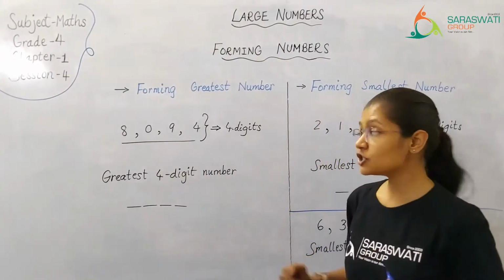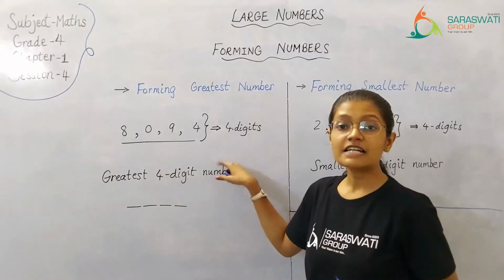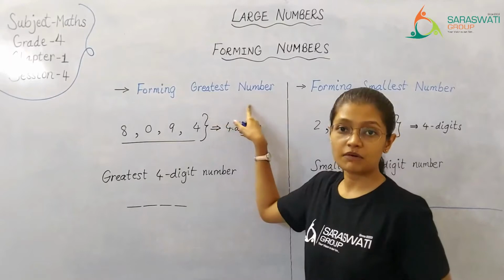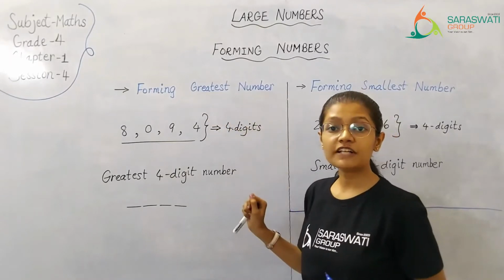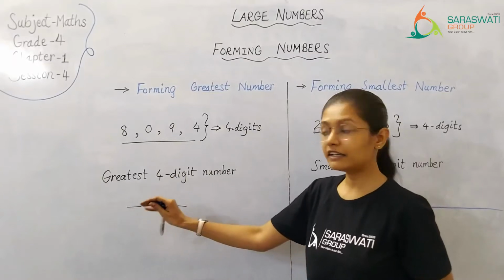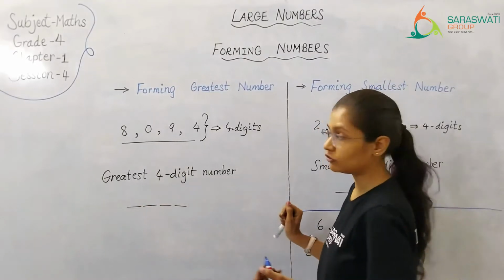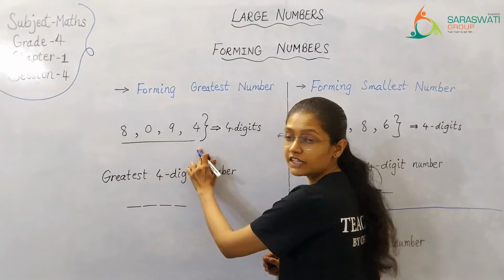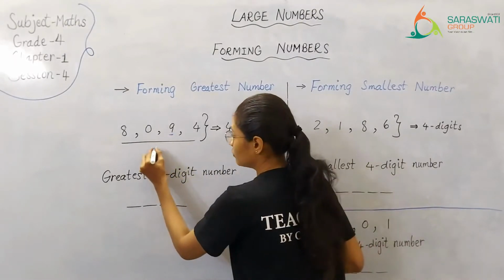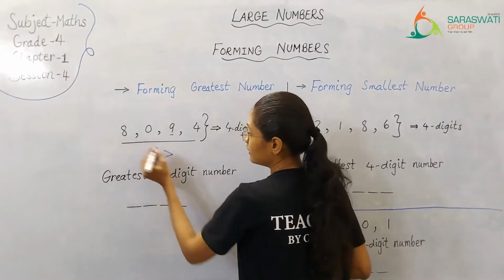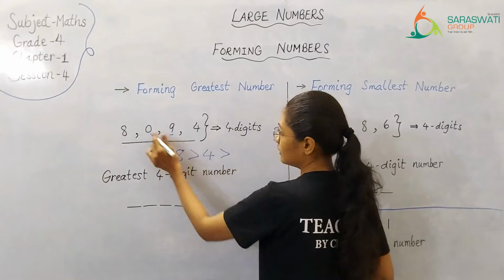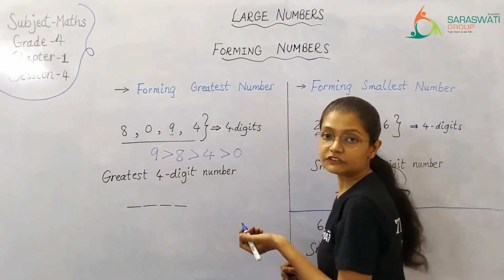We will arrange these 4 digits in the descending order because we want to form the greatest number. So the digit which is having greatest value will be the first one, and then in the descending order we will write the digits. So let us arrange these in the descending order. So 9 is the digit having greatest value. So 9, then 8, then 4, then 0 having the least value.